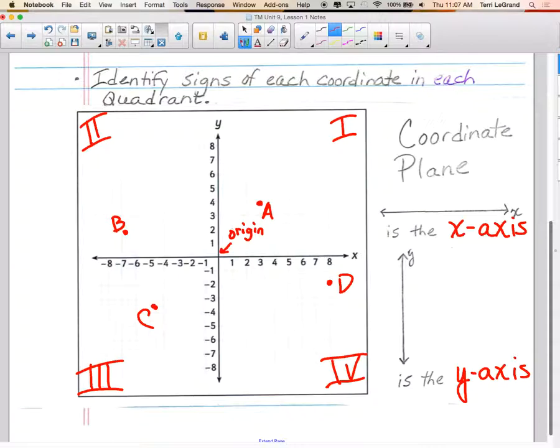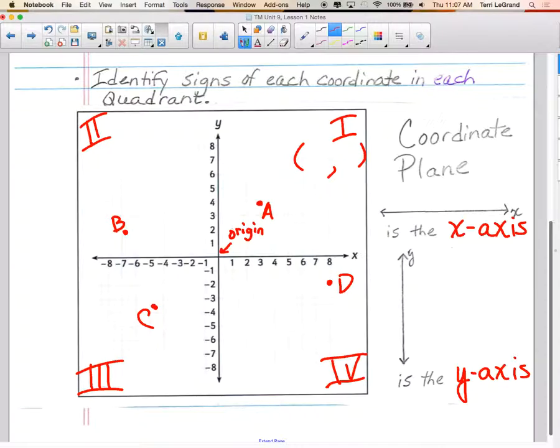Notice what it says. The last thing we're supposed to do is identify the signs of each coordinate in each quadrant. So in other words, any point that is in quadrant 1, no matter where it's at, point A is there right now, right? Any other point we would plot in quadrant 1, what could we count on for their signs? The x value would always be, well, it's always first, but what sign would it be?